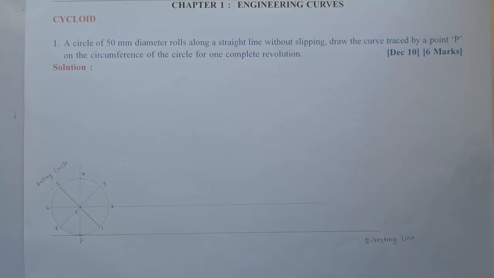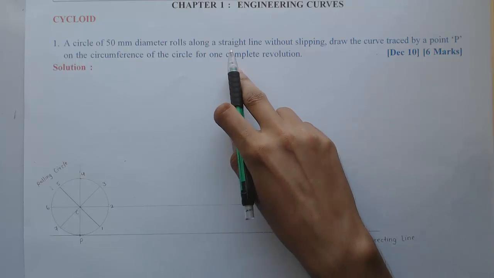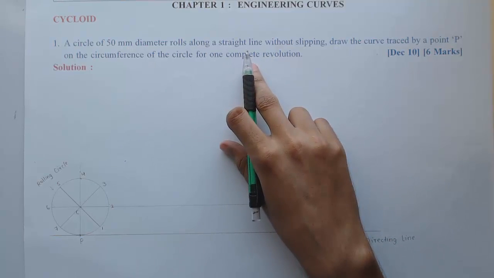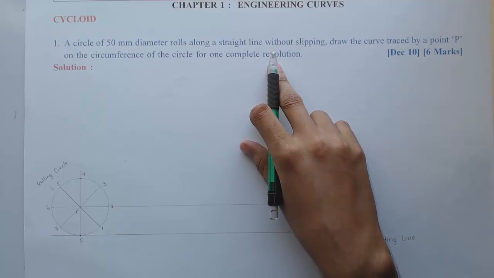Now I need to fix the length of the directing line for one revolution. As we know, the circle is revolving for one complete revolution.